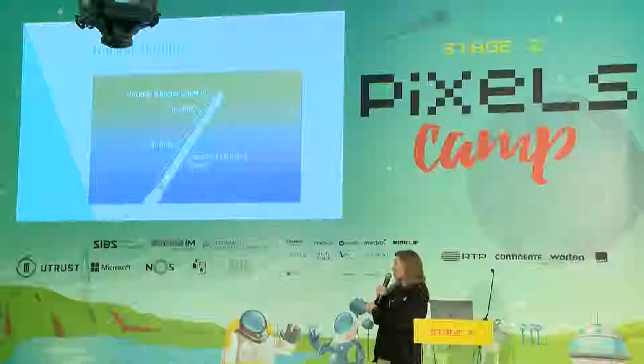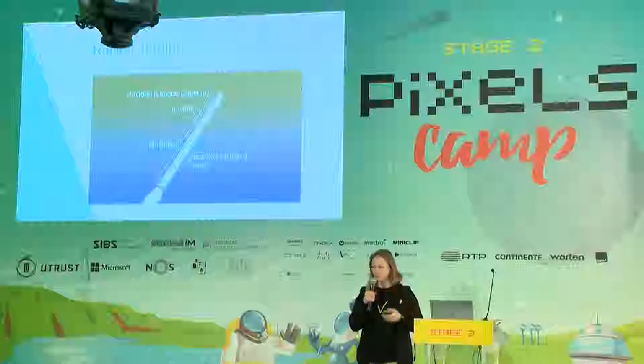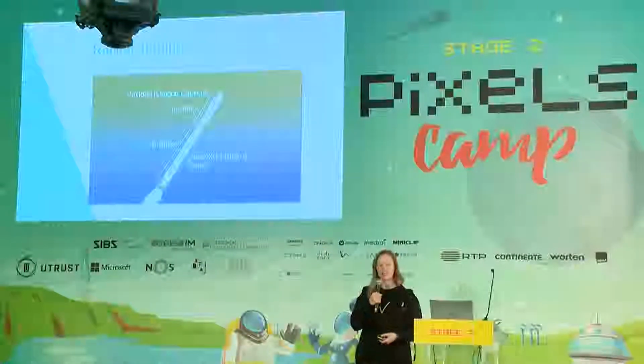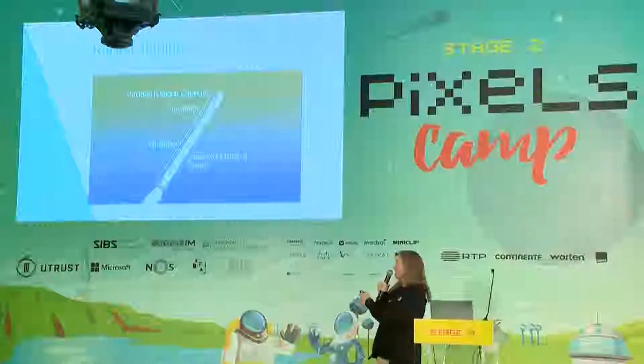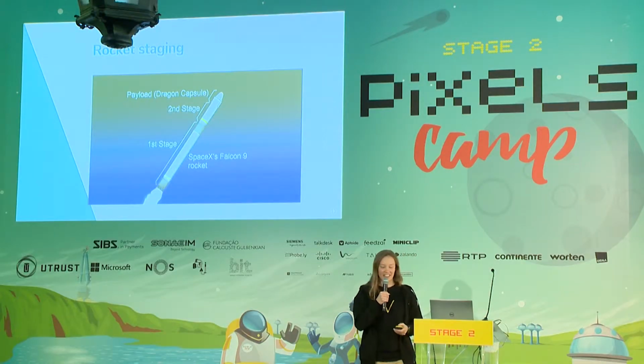Once this stage is separated, it falls down into the ocean, or in the case of SpaceX, it lands again and can be reused. Then you have a mini rocket on top that is ignited, and it continues to launch your satellite into orbit.